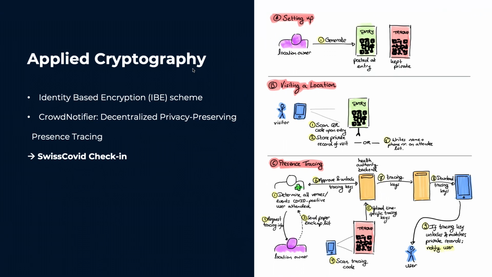And we did want to provide a privacy-preserving solution, which allows you to scan and check in and actually get warnings, but not to reveal your private data. And this later was added to SwissCovid as a check-in solution.